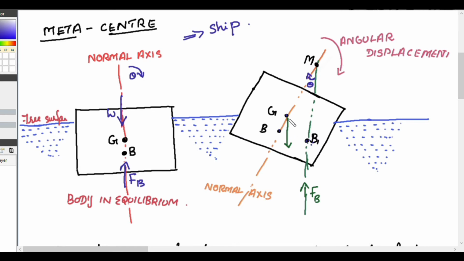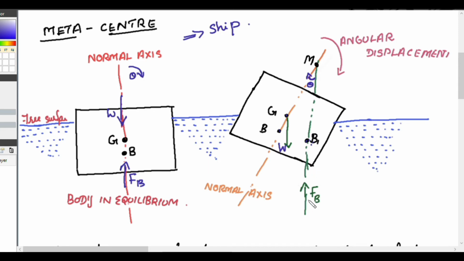Now, the weight of the body acts vertically downwards. At the same time, the buoyant force acts vertically upwards, and the point of application of this buoyant force is B1.